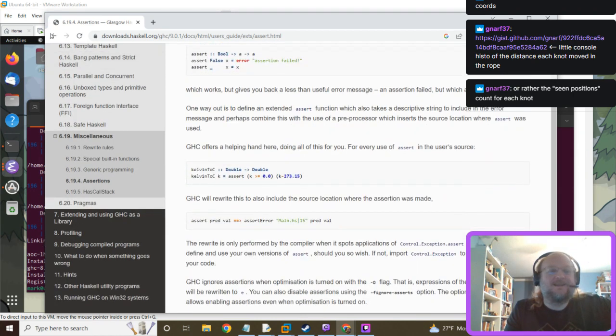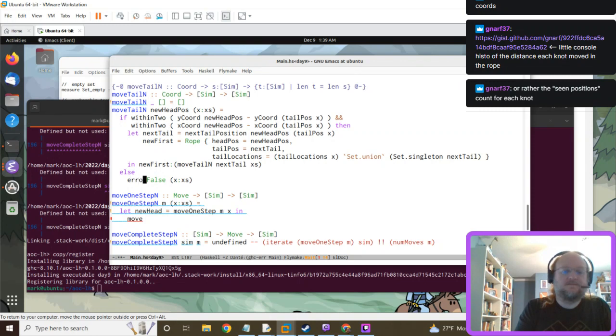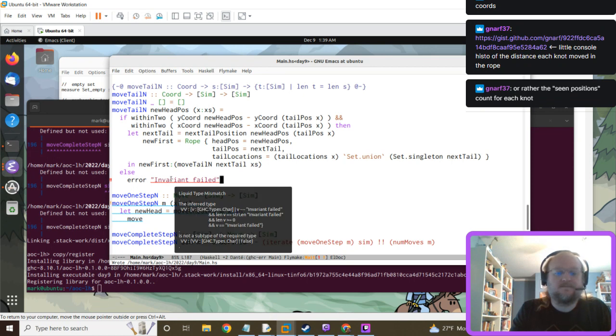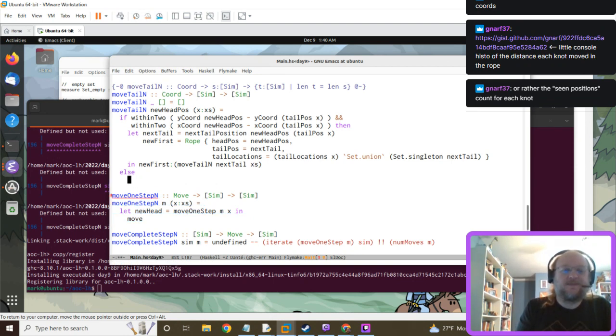Is this new in 9? So Liquid Haskell says, hey, your code should never error out because I'm checking it for you. Well, crap.